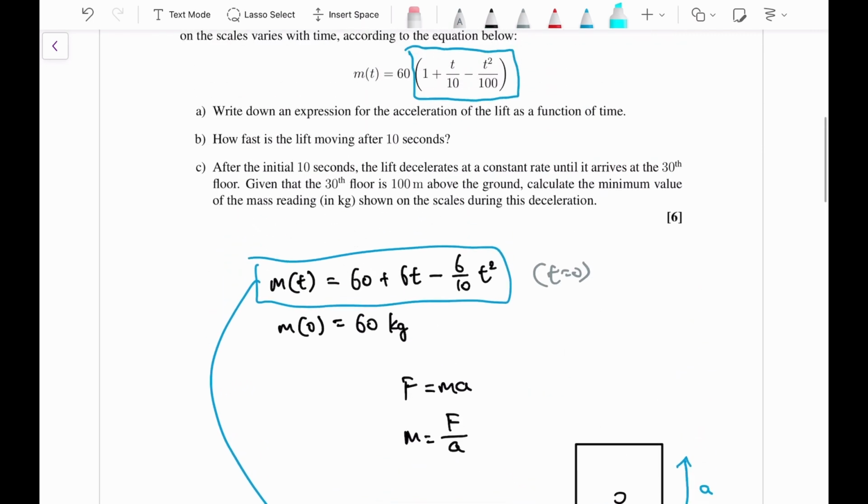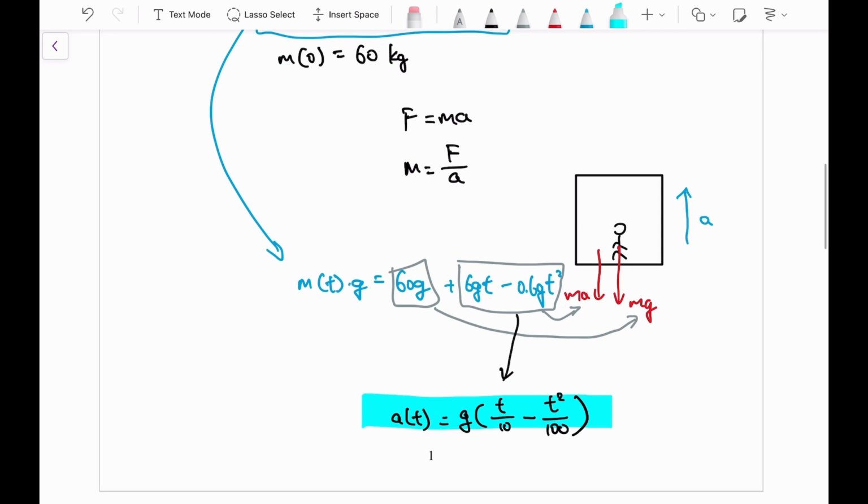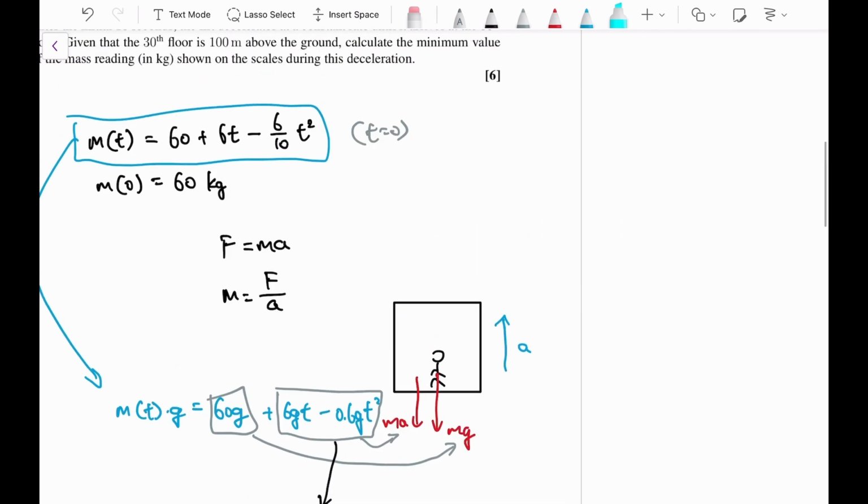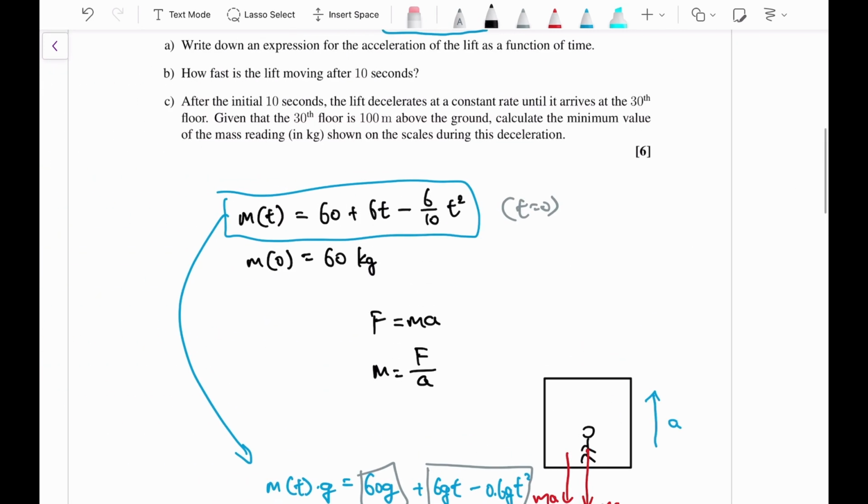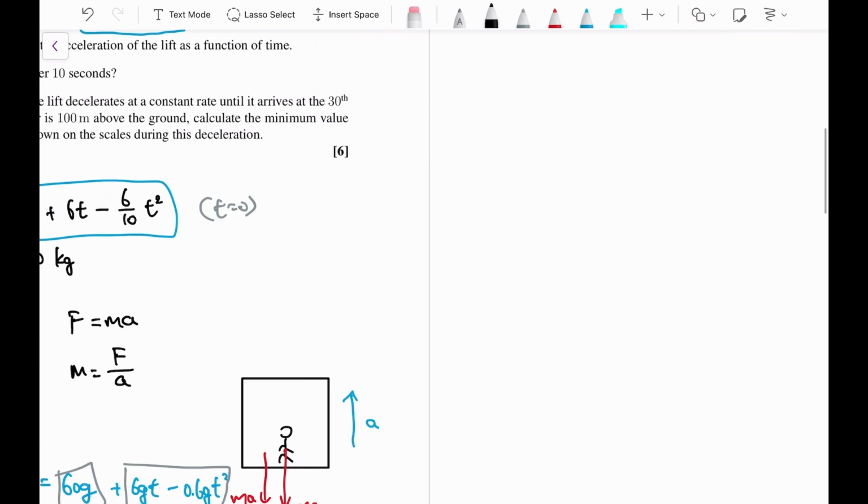Now for question B, it asks how fast is the lift moving after 10 seconds. And then from the answer in the previous question, we can derive an equation for the velocity.